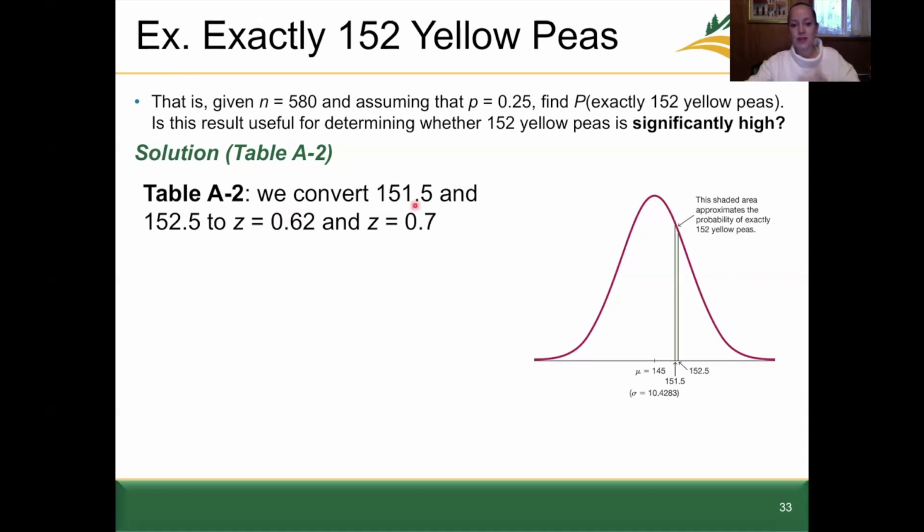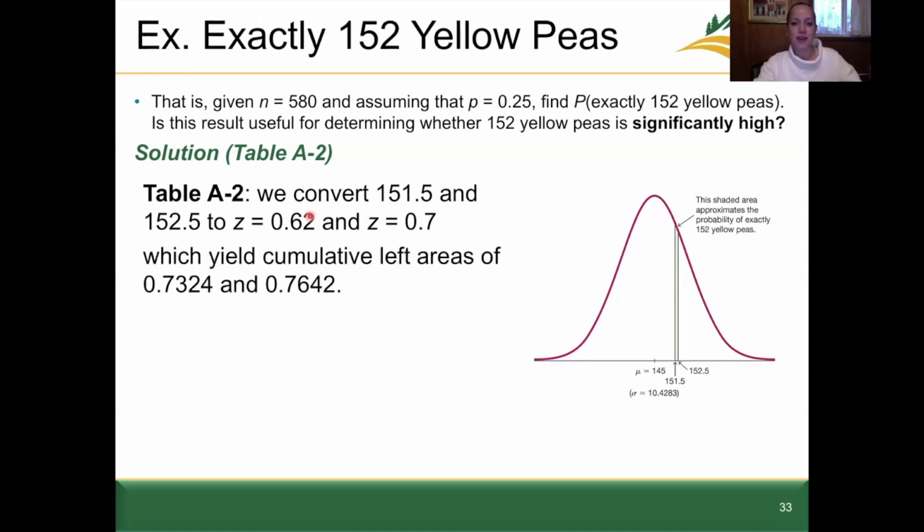Once we know those z-scores, then we can use table A2. When we go to table A2 and find those z-scores and find the cumulative area from the left for each corresponding z-score, we should get 0.7324 and 0.7642. Again, that's basically getting this area to the left of the upper range of the continuity correction, and this area to the left of the lower end of the continuity correction.